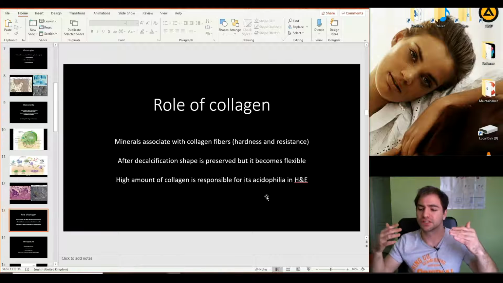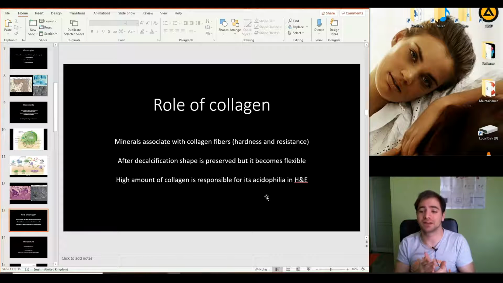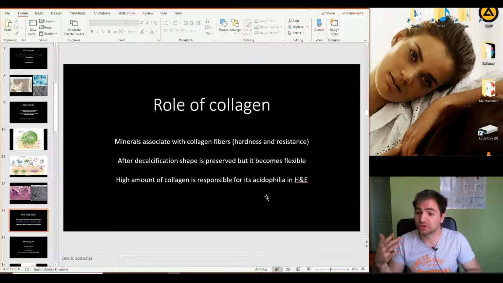So we first have a decalcification because you cannot cut the bone in very nice thin sections to visualize it with hematoxylin and eosin. There are some special staining methods that we use for bone, but typically we use hematoxylin and eosin, depending of course on what we want to focus on.